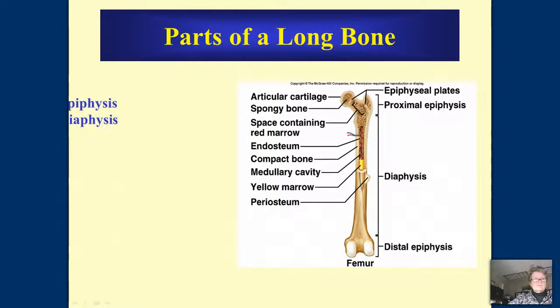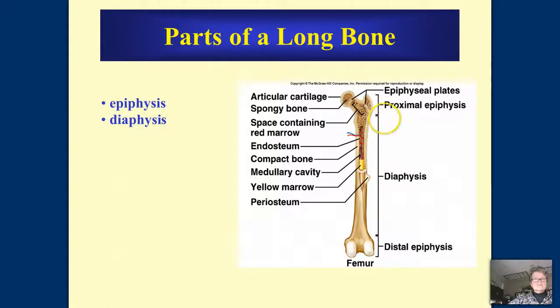The parts of the long bone: the epiphyses are the ends of the bones, epiphysis. Some pronounce it differently, but I learned it as epiphysis, so I'm going to say epiphysis, and epiphyses would be plural. And we have to use our directional terms here.